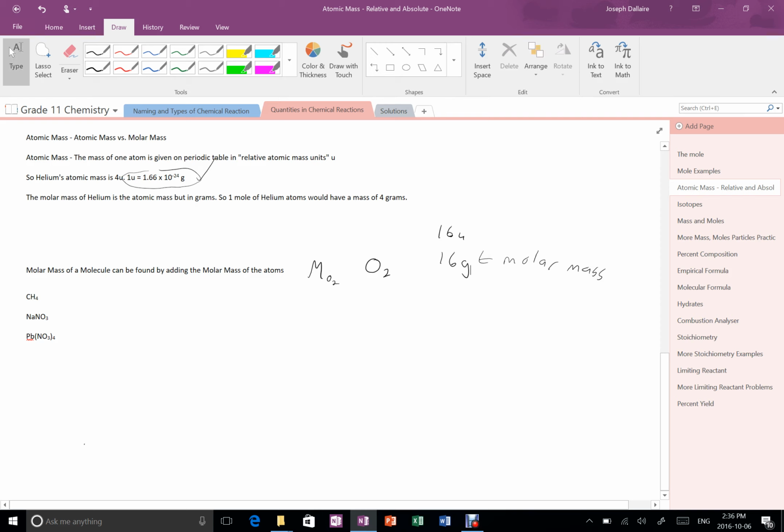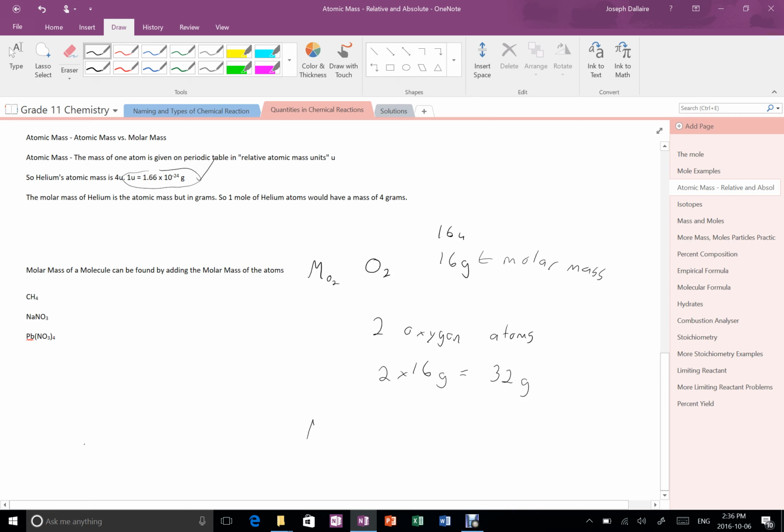What would the molar mass of O2 be? Well, in O2, there are 2 oxygen atoms. If each oxygen atom has a molar mass of 16 grams, then 2 times 16 grams says that there would be 32 grams in a mole of O2.